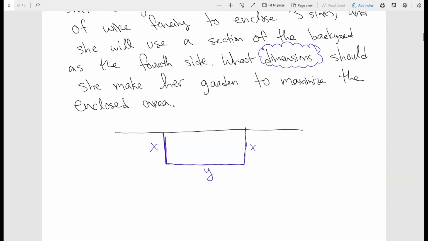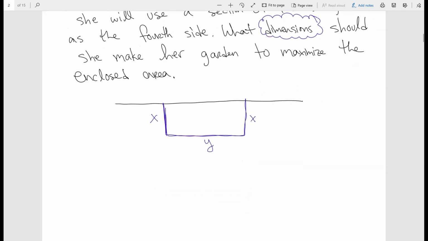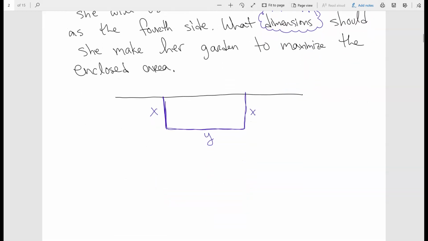How much wire does she have? She only has 80 feet of it. So we're constrained to this 80 feet. This 80 feet should be the addition of all of these sides, which is basically 80 is equal to 2x plus y.